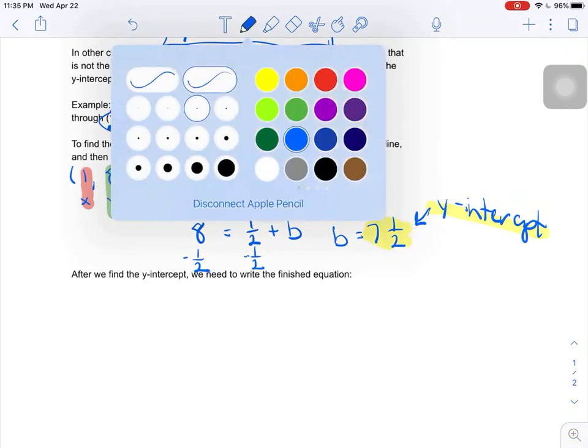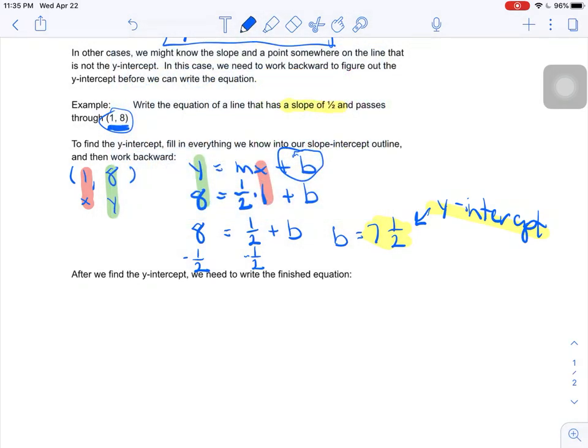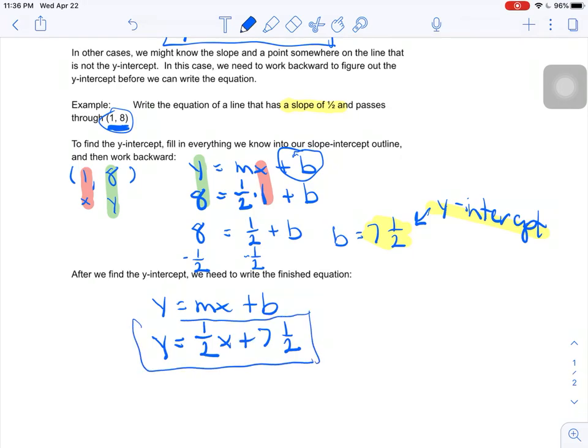Those are the two pieces of information that we would normally use to write our equation. So we can go back to our outline again, drop the slope into the slope spot, drop the y-intercept into the y-intercept spot, and our finished equation is y equals 1/2 times x plus 7.5. So that is our final answer.